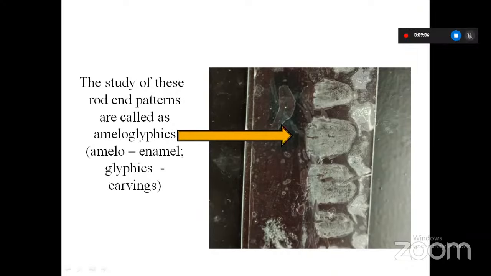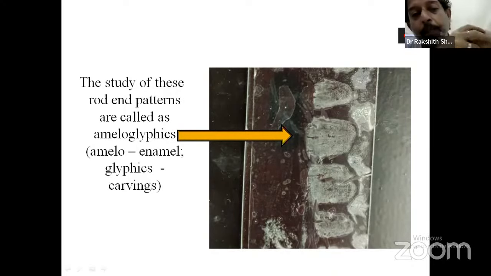Now, to achieve these ameloglyphic imprints, the most important part is that we need to keep the teeth dry. All of us know that biofilms form on the tooth as and when we eat, or when we brush our teeth, within 10 minutes. So to remove this biofilm, we made the patient undergo scaling.